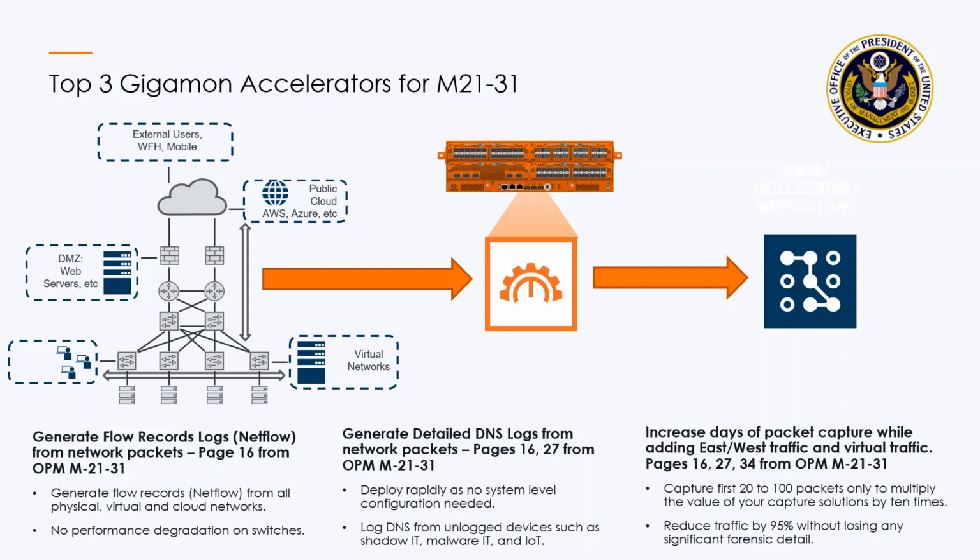And I'm not kidding when I say that we can reduce the amount of traffic noise by over 90%. So this has the result of giving you more capture time, but also expanded visibility into the different kinds of networks. So you can use the existing technology you already have without a forklift upgrade and without spending a lot of money and get more out of what you already have.